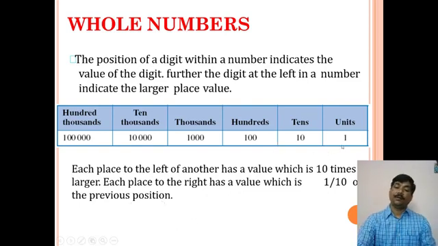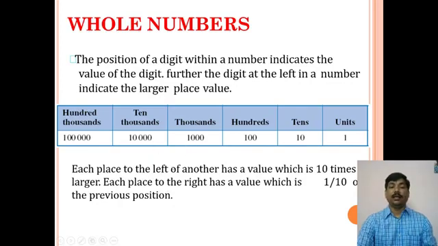In this chart, we are seeing that each adjacent left value is 10 times the previous one. Here, 10 is 10 times a unit, 100 is 10 times tens, 1000 is 10 times hundreds, 10,000 is 10 times thousand.